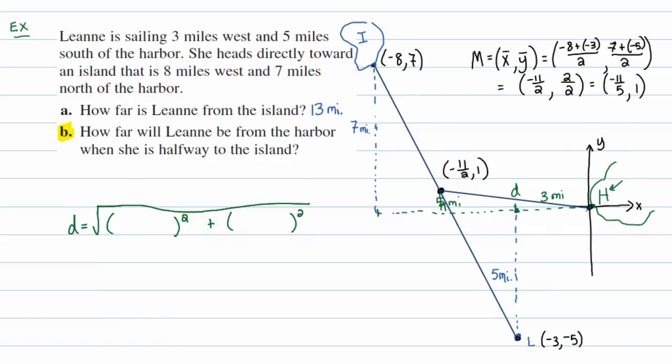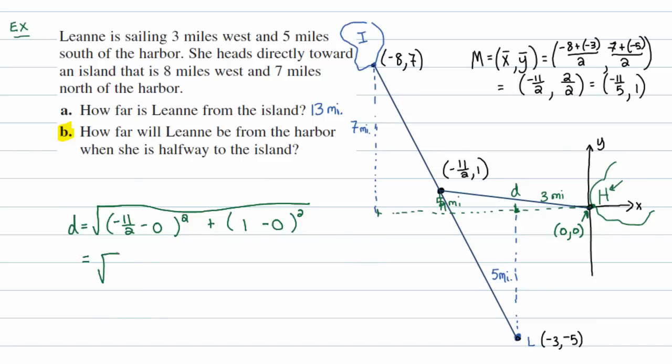Well, we're trying to find the distance between negative 11 halves comma 1 and 0 comma 0. So the x value, negative 11 halves, minus the other x value of 0, and the y value of 1 minus the other y value of 0. And you'll see that this gets the same computation we just did.